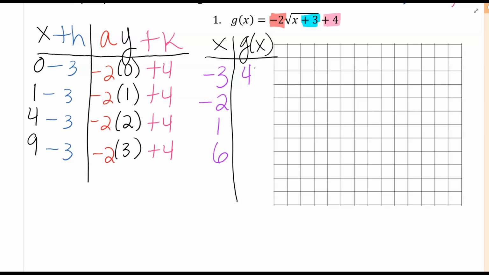And then -2 plus 4 is 2. -2 times 2 is -4. -4 plus 4 is 0. The last one, -2 times 3 is -6. And then -6 plus 4 gives us -2. Okay?